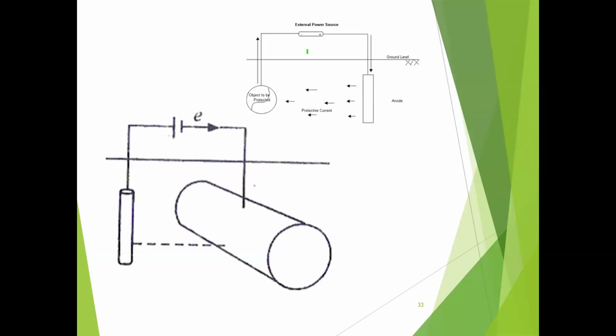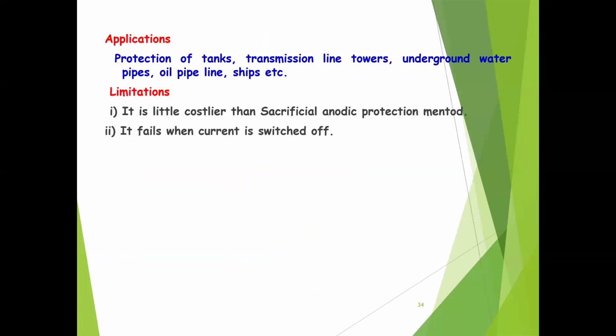But impressed current cathodic protection, since it involves higher technologies, needs comparatively more cost, and we also need an efficient person to run this technology, but it is more effective compared to sacrificial anodic protection.